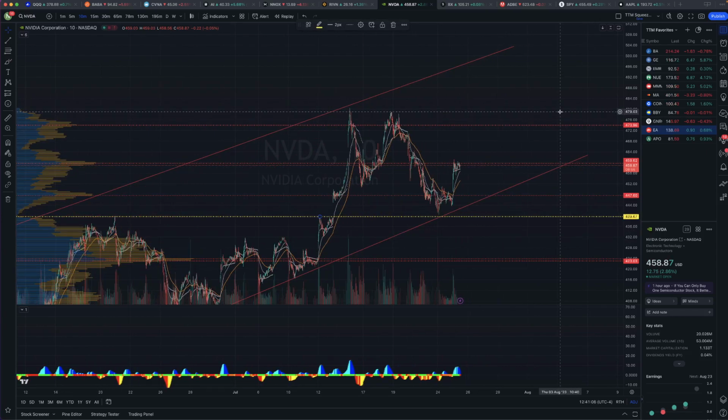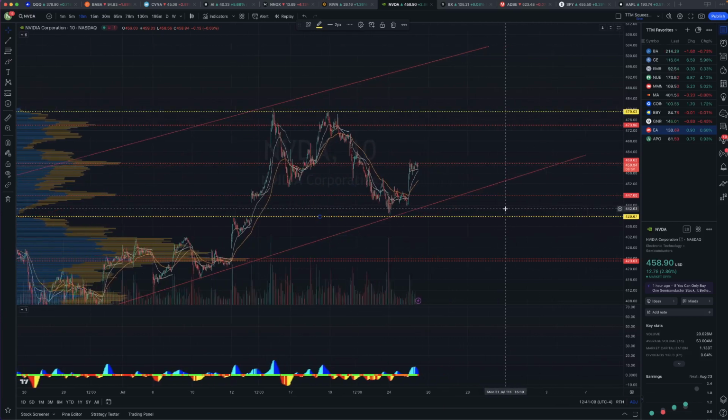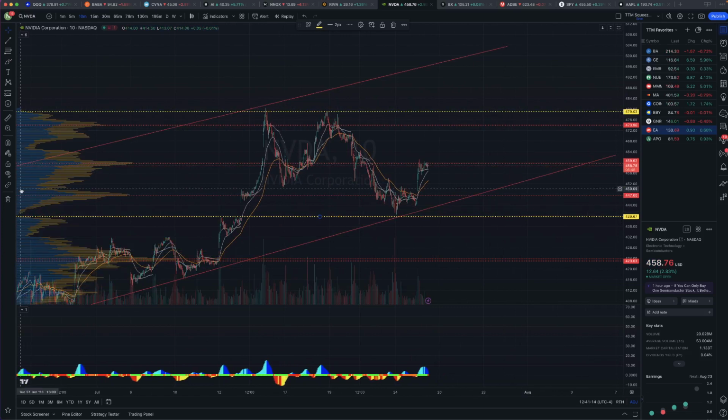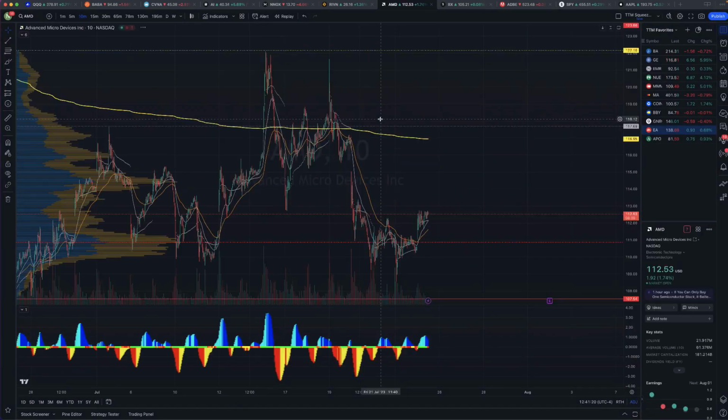And then obviously, again, at this double top up here at 479, almost even. All right, so that was NVIDIA, and then AMD is the last one.